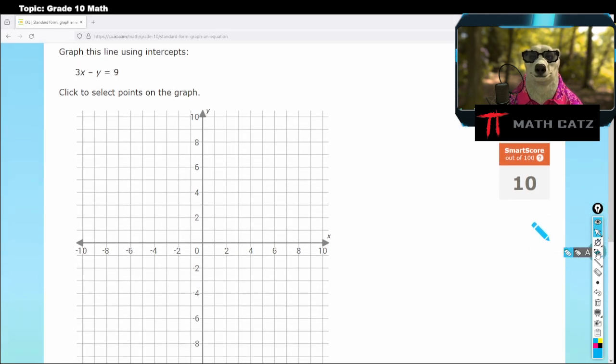I'm going to practice that slope-intercept form. So we can write this equation as y equals 3x minus 9. How did I do that?